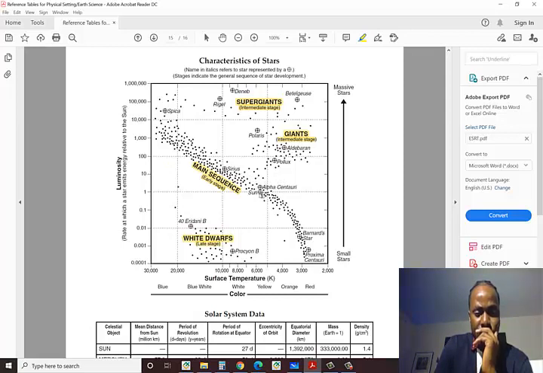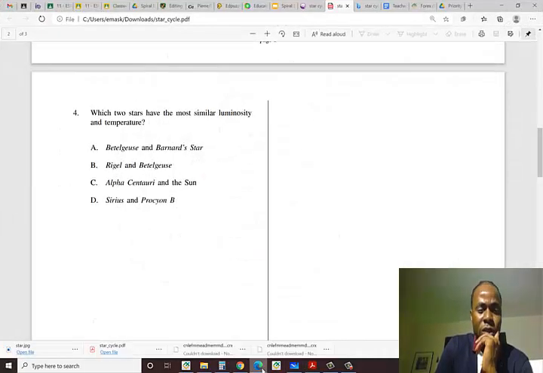I see our Sun here, and Alpha Centauri, and they share the same temperature, and their luminosity is almost the same, almost 1. So is that part of my question? Yeah. See, Alpha Centauri and the Sun, and there goes my answer.